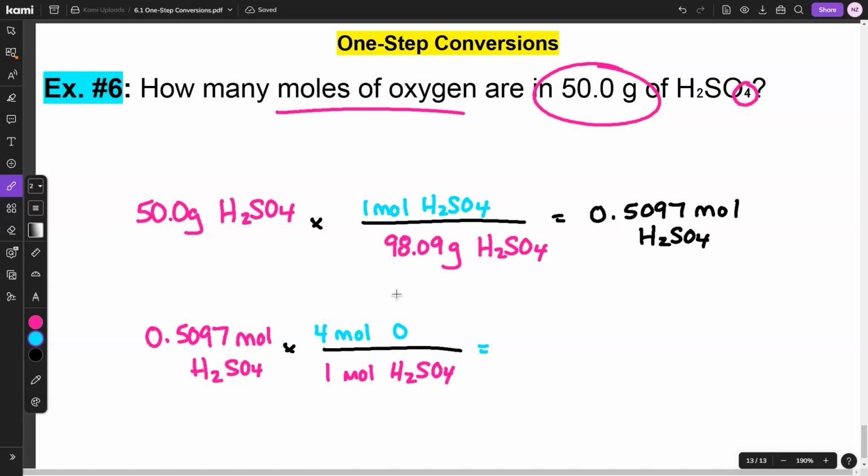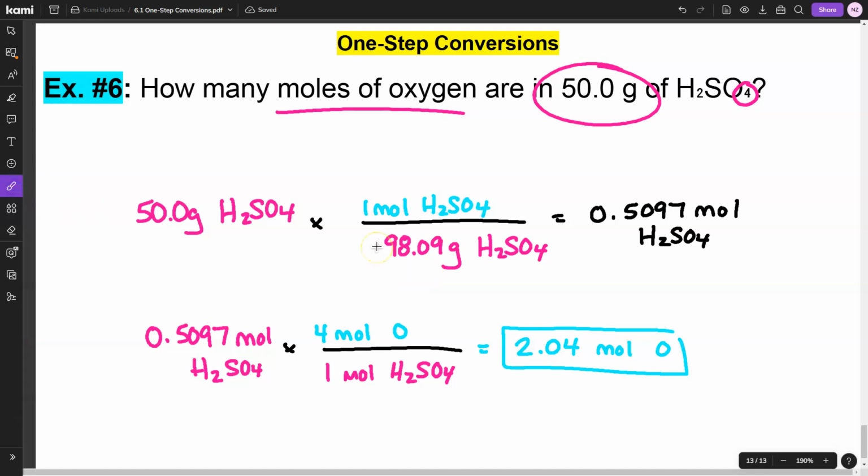Okay, so if I do the math here, I end up with 2.04 moles of oxygen. And that's it. So we went through several cases where a one-step conversion is used. I know this was a lot, but again, trust me, these conversion factors are going to be your best friend as these problems get more complicated.